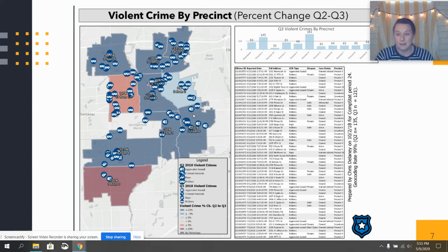I can't remember what city this was in. And you can see that all of the violent crimes from Q2 of 2018 and Q3 of 2018 are shown on the map. You can see these little icons, right? Those are examples of one of the layers that was put into this GIS.